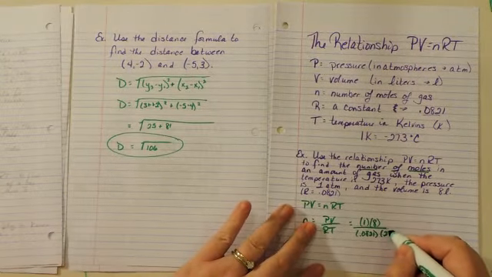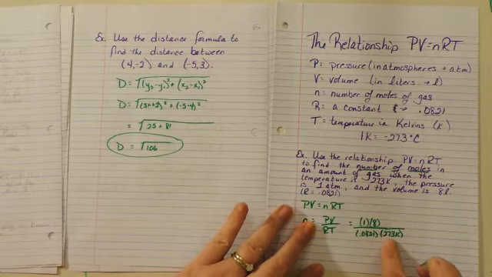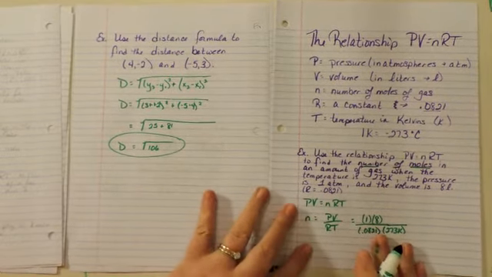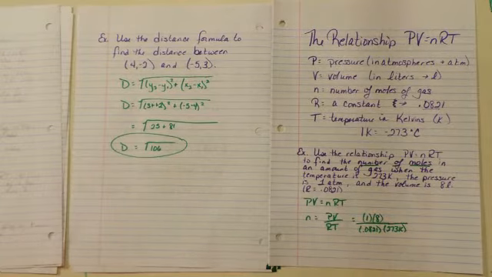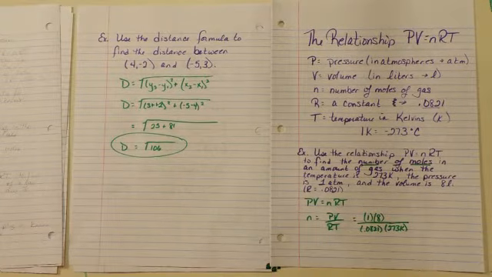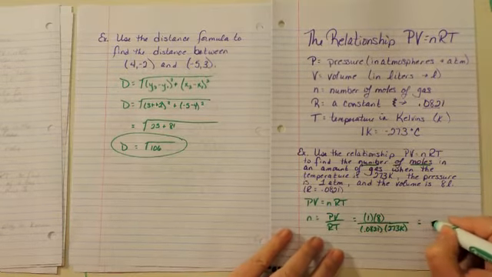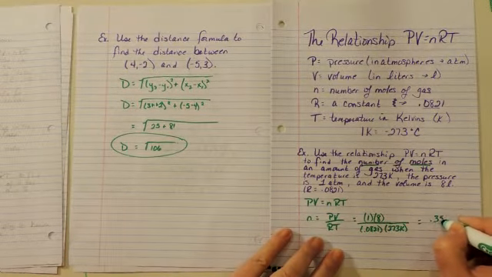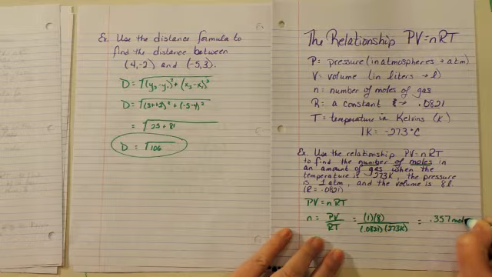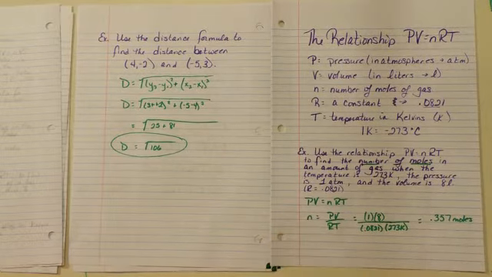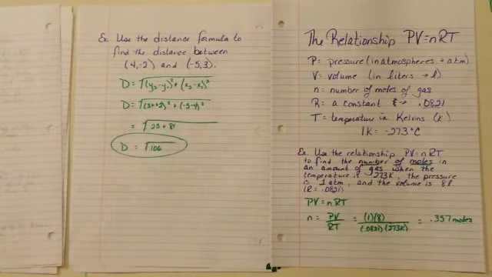So this is 273 degrees Kelvin, which is actually 1 degree Celsius, right? Actually, it's 0 Celsius. Okay, pull out your calculator, punch this in, and you are going to have 0.357 moles of the gas, which is still an awful lot of molecules.